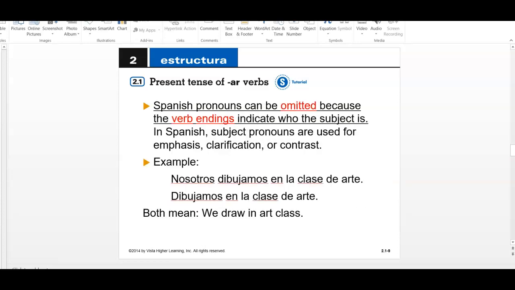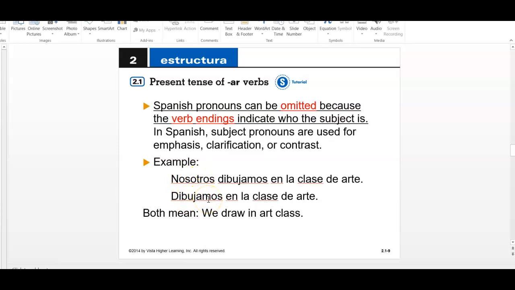So Spanish pronouns can be omitted because the verb endings indicate who the subject is. In Spanish, subject pronouns are used for emphasis, clarification, or contrast. So the example that I gave you guys is nosotros dibujamos en la clase de arte. Okay, so I can write this with the pronoun nosotros or I can write it without.